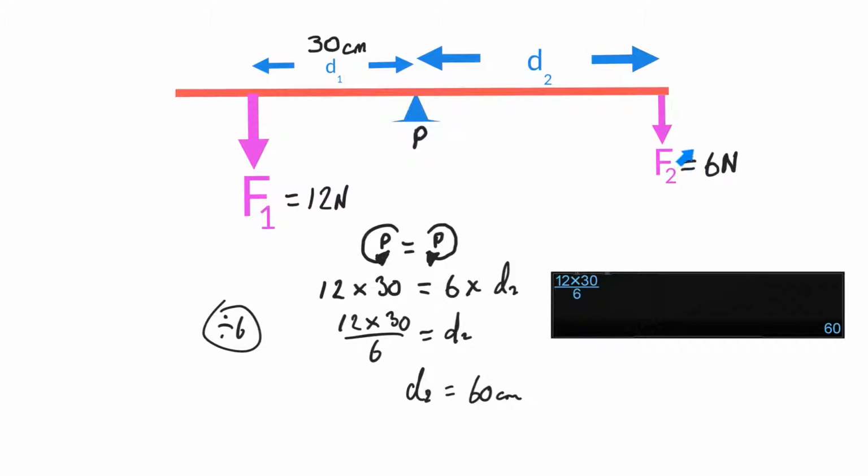And then on the other side we've got 6 newtons times an unknown distance d2. And then we have all our moments. We then solve this by getting d2 on its own, dividing by 6 here, divide this by 6 to get this, and then just putting this through the calculator, you can see we get 60.